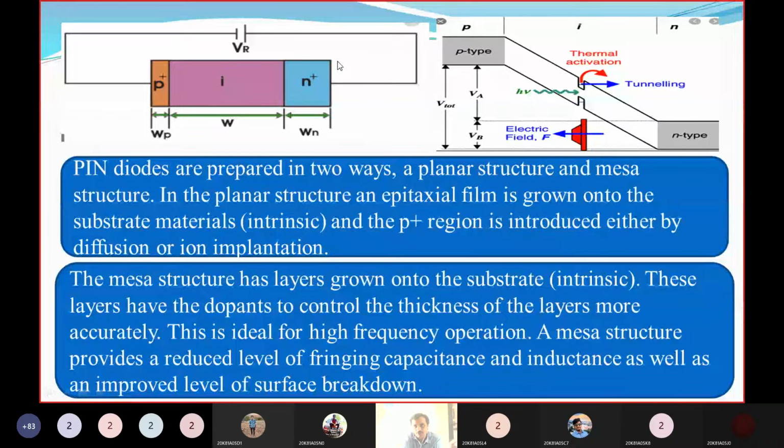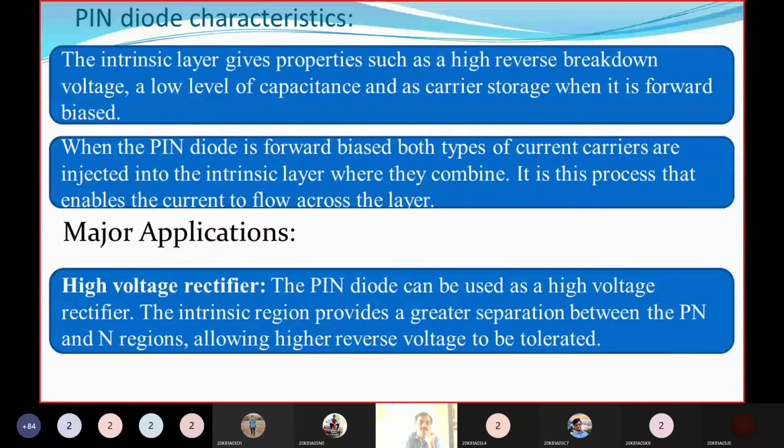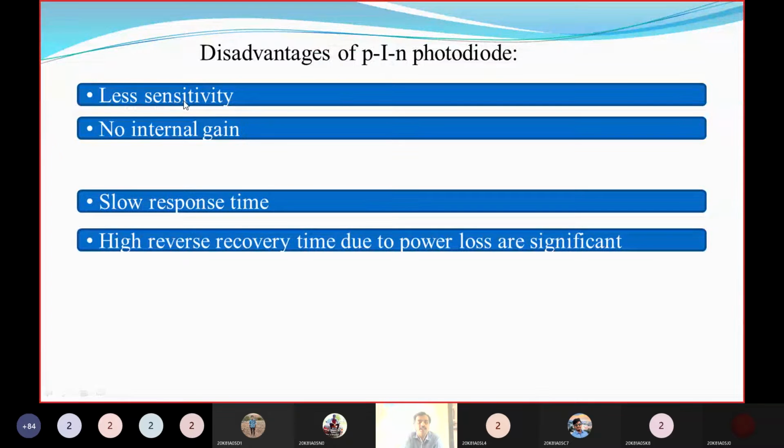Now, what are the major disadvantages? Less sensitivity and no internal gain. That means we have to amplify the current.